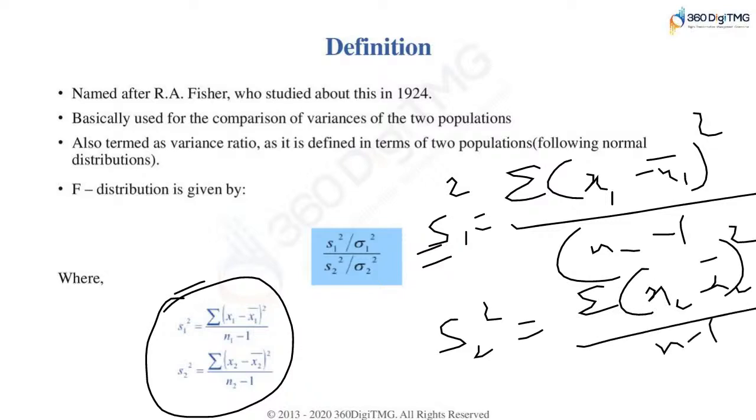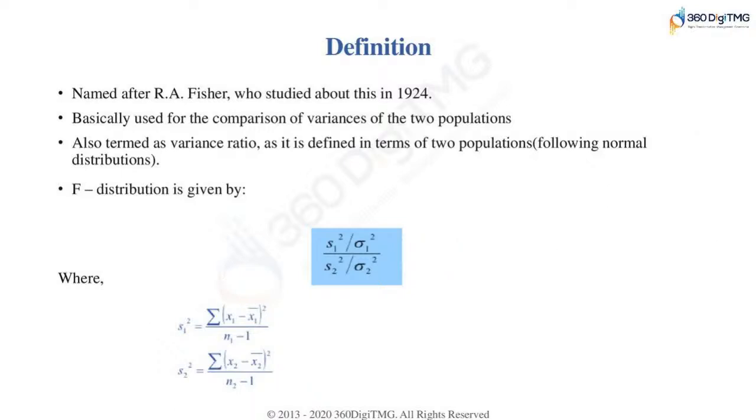You are obviously aware of this particular formula. All right. So the F statistic is simply a ratio of the sample variance divided by the sample variance, or the population variance divided by the population variance. There is, of course, a small proviso, and that proviso is that the numerator should be greater than the denominator.